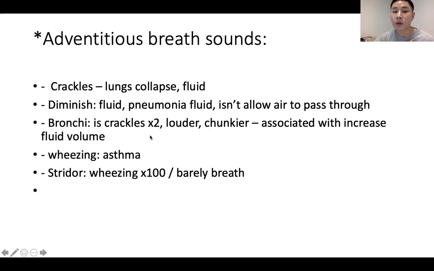So why is fluid in the lungs bad? Fluid in the lungs, to be exact, is fluid in the alveoli sac. Like I said earlier, these alveoli sacs have to open and recoil. When it's open, we inhale air in.